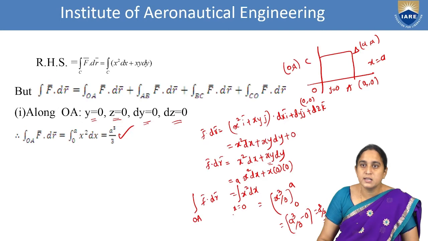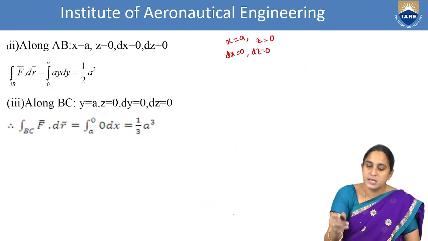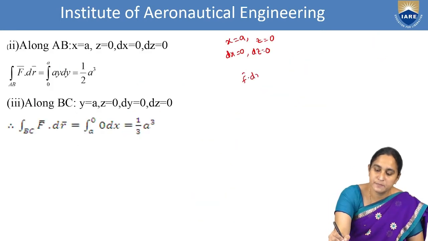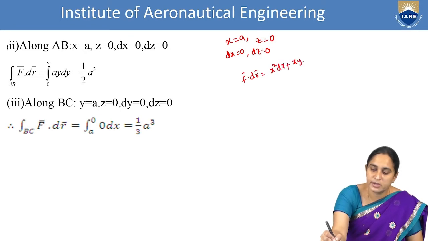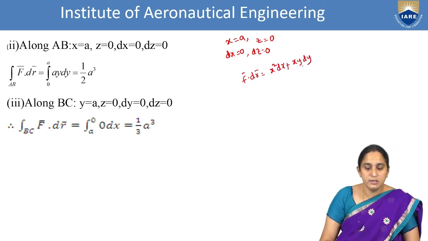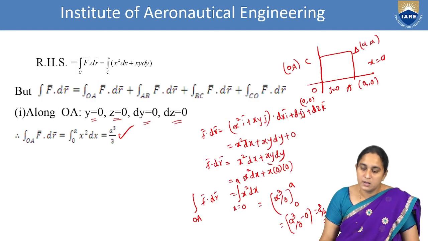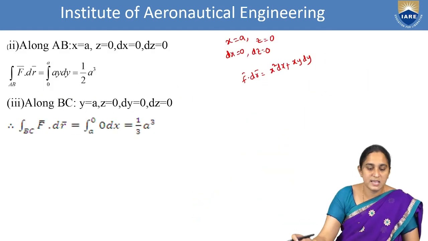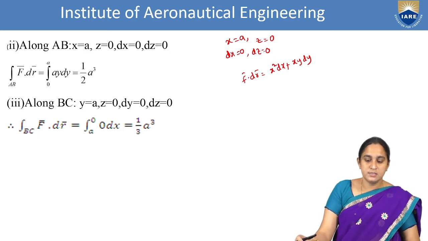Already here, F dot dr is x squared dx plus xy dy. From that, x is equal to a and its derivative dx is 0.